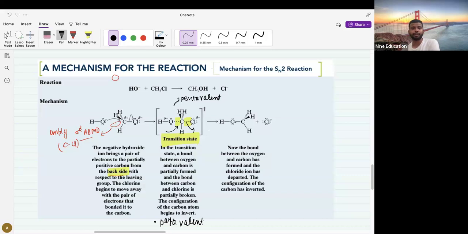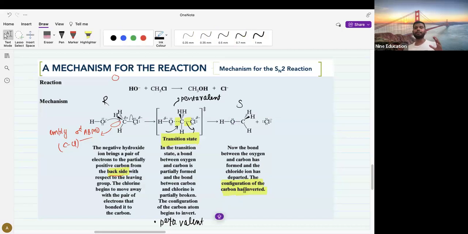So from here OH will come and combine with the carbon, and this hydrogen which was towards this side in the starting will shift to the opposite side. है ना? So from the starting, let's say this configuration was R, यहाँ पर R configuration था तो यहाँ पर ये S हो जाएगा, and this only is called inversion of configuration.